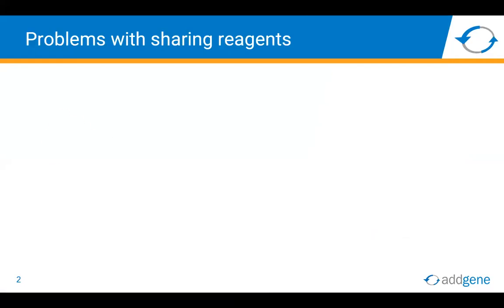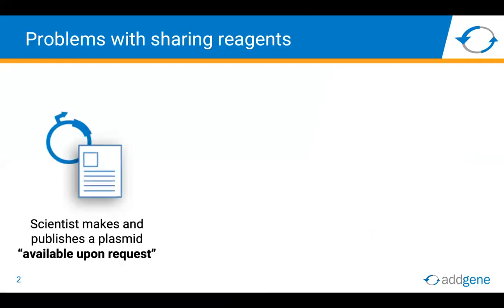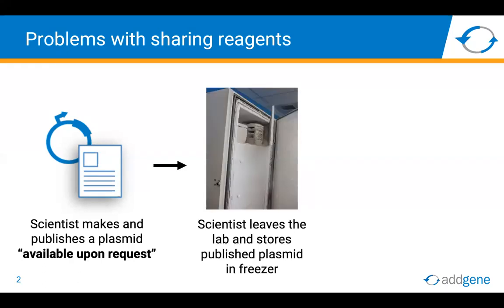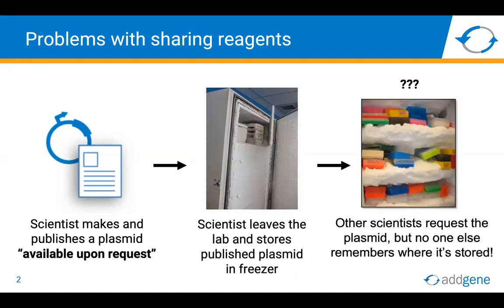So in this scenario, let's say that we have a researcher who makes a plasmid and publishes it with a statement that the plasmid is available upon request. Then eventually that scientist moves on from the lab and stores that published plasmid somewhere in the freezer. A few weeks or months pass by and other scientists read that paper and request the plasmid. But unfortunately, no one else who is still in the lab remembers where exactly it's stored.